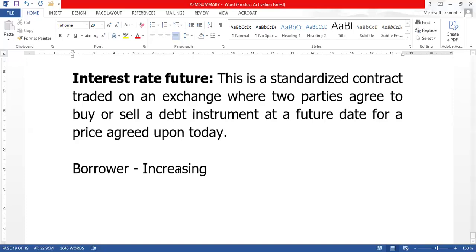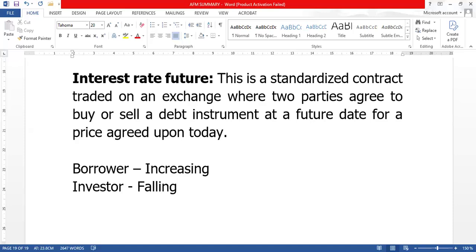Then if you are an investor, your worry is about what? Your worry is about interest rate falling, or decreasing, because as an investor, your aim is always to maximize the income.